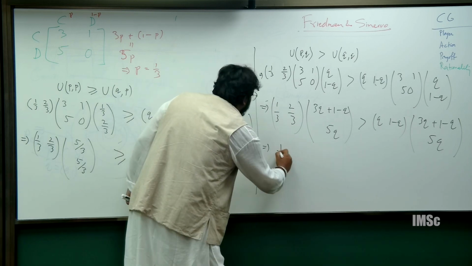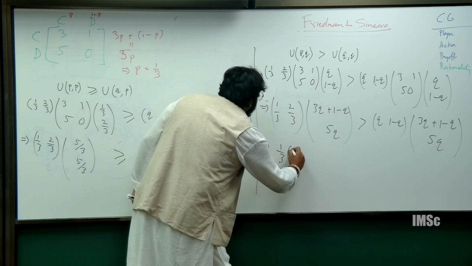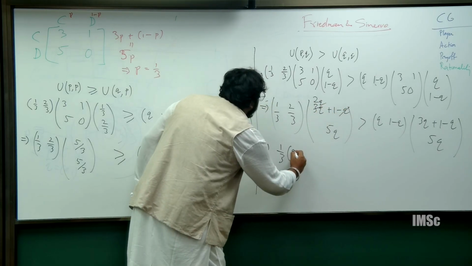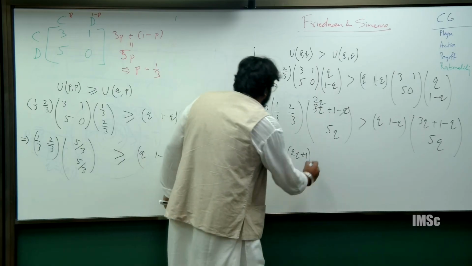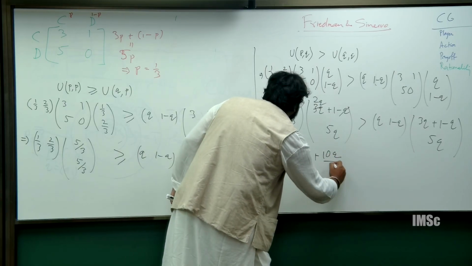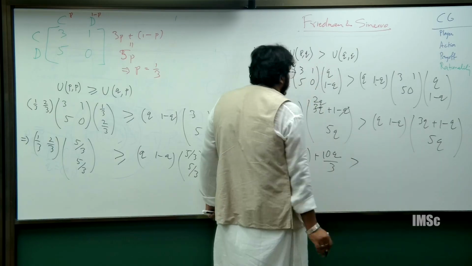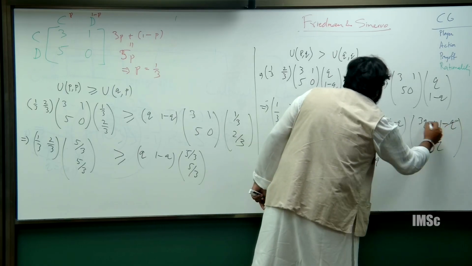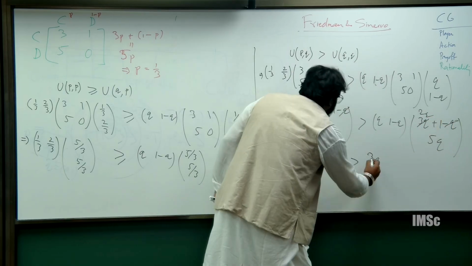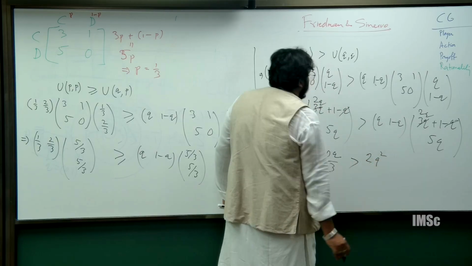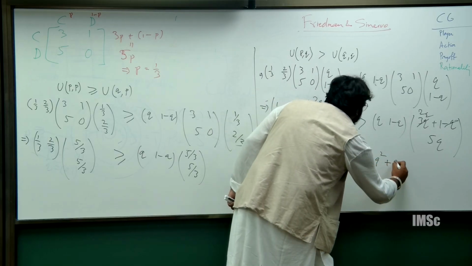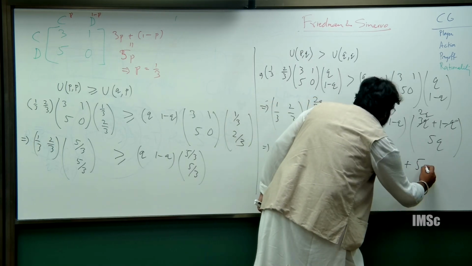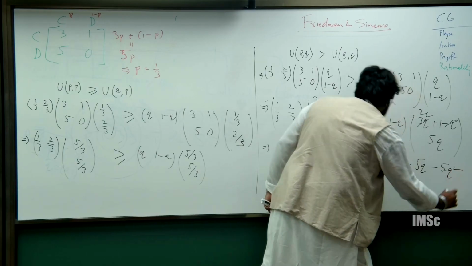So, this will give me 1/3, 2q plus 1 plus 10q by 3, 3q. So, this is 2q square plus q plus 5q minus 5q square.